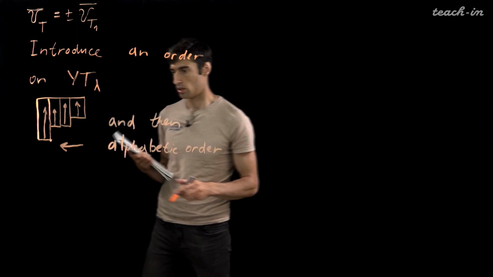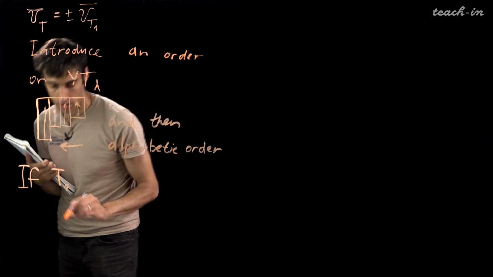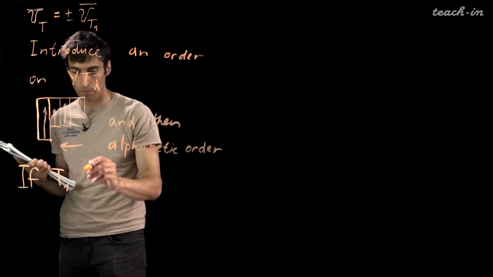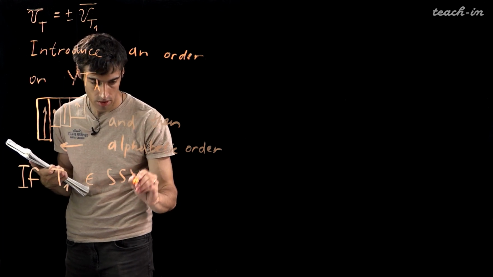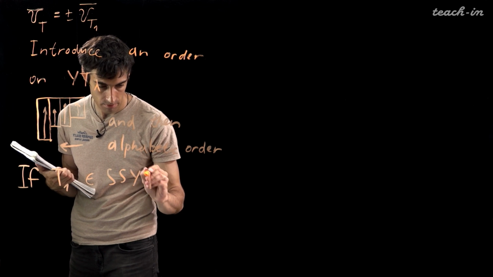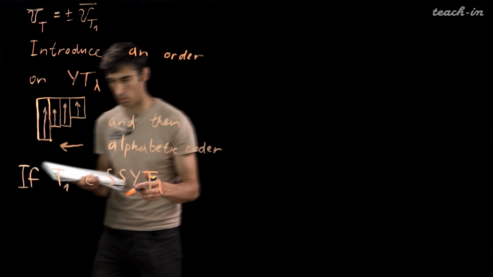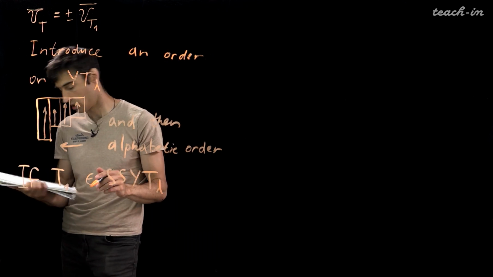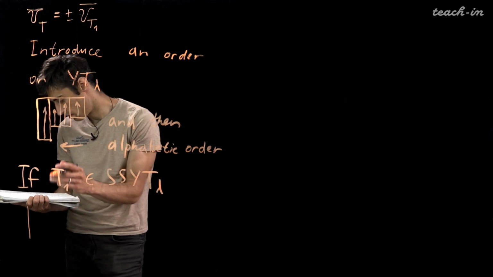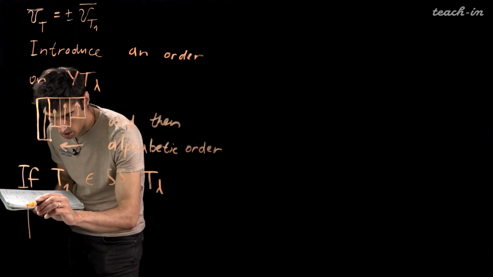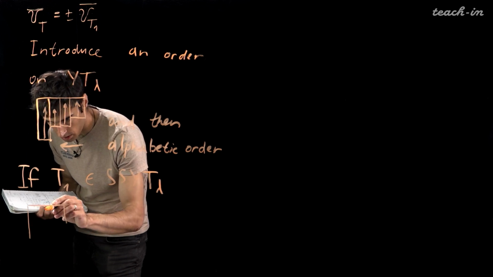Okay. So if my T1 happens to be not a semi-standard Young tableau of shape lambda, then we have such a situation. Again, schematically, I can draw it like this. This is my Young diagram.